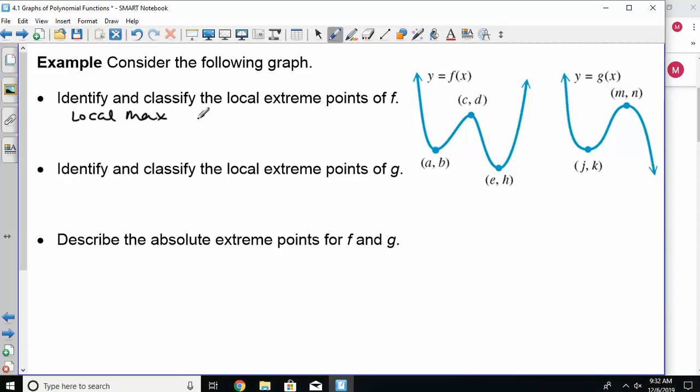Where would I have a local max? CD. Where do we have a local min? EH and AB.